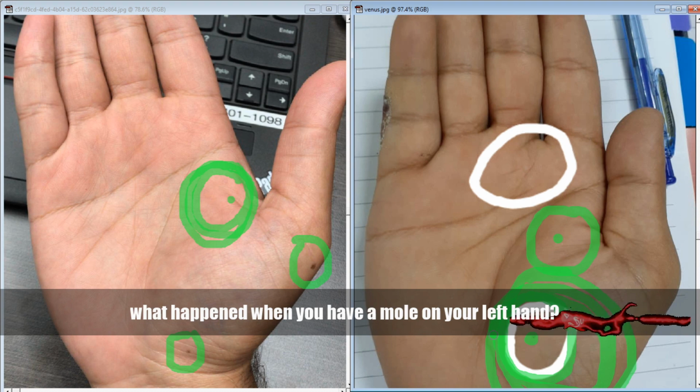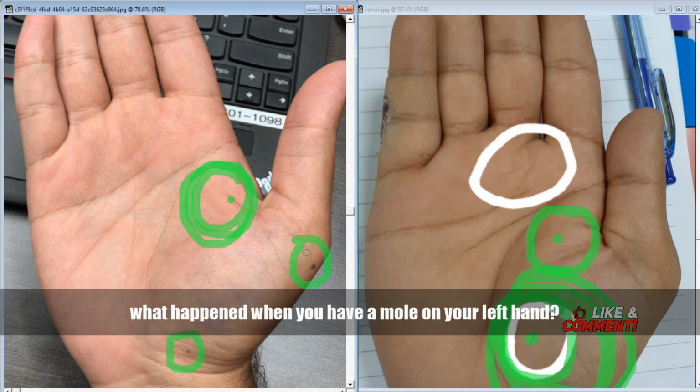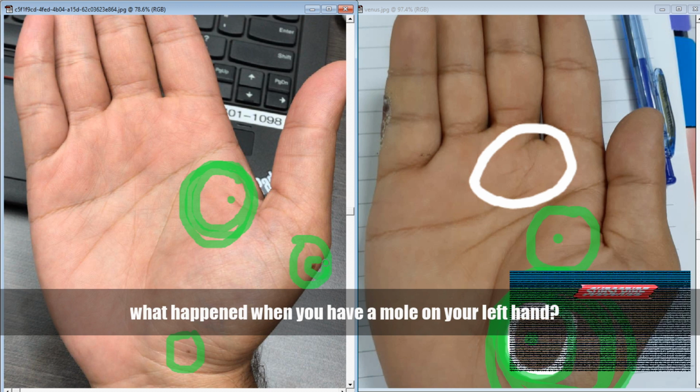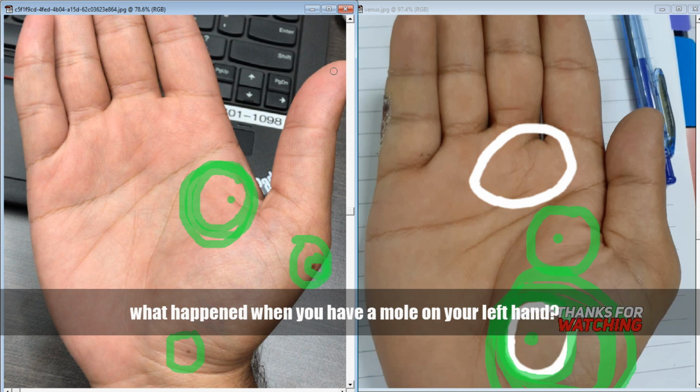So a mole basically brings significance to one particular area. Like you see in this particular case, you find a mole. There are three sections to the thumb. The first section is the area of willpower. The second section is the area of your tact and reasoning, and the third section is the area of your love.